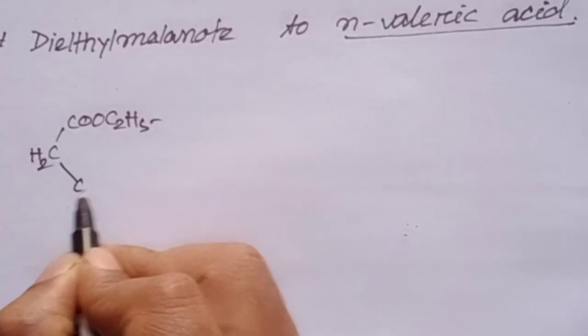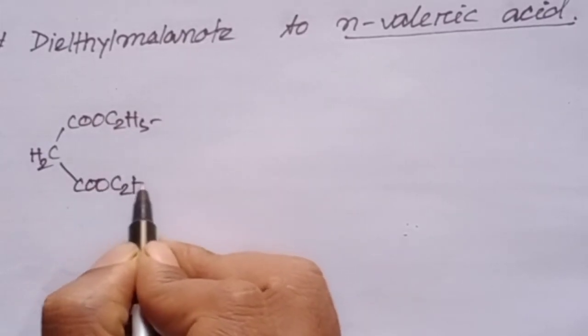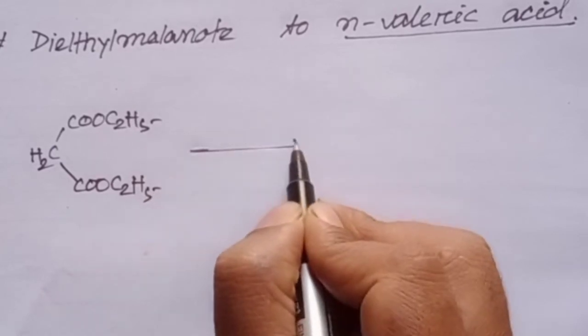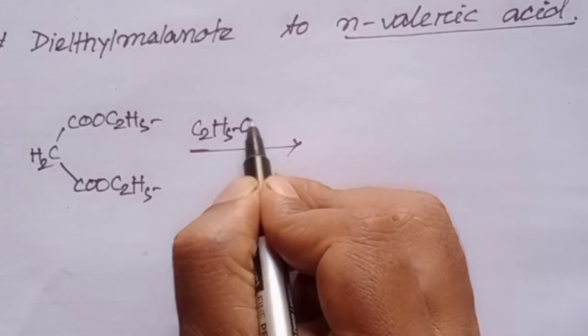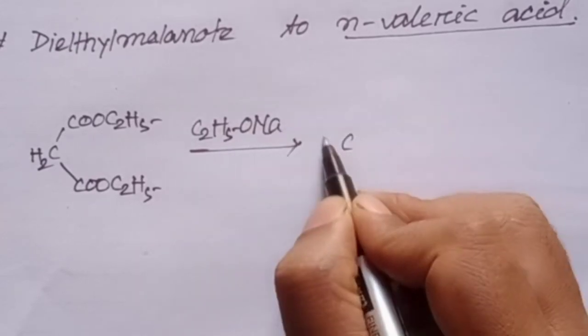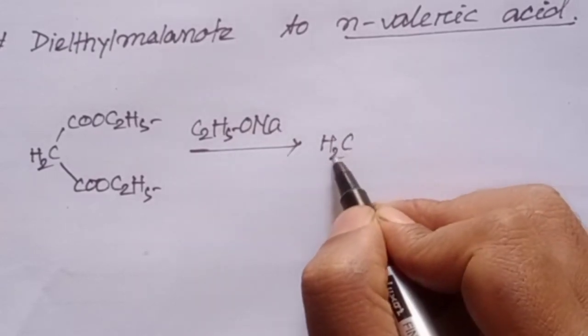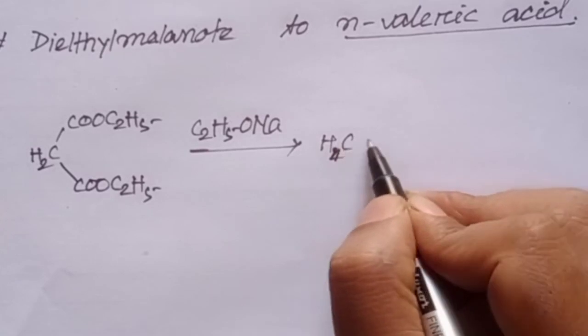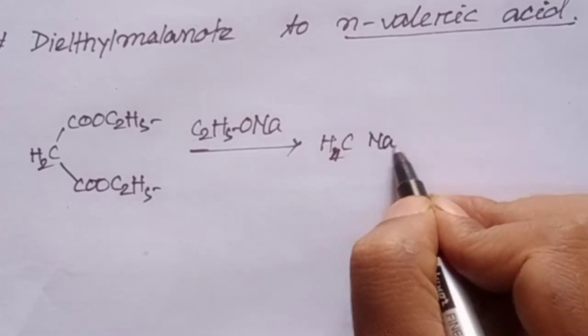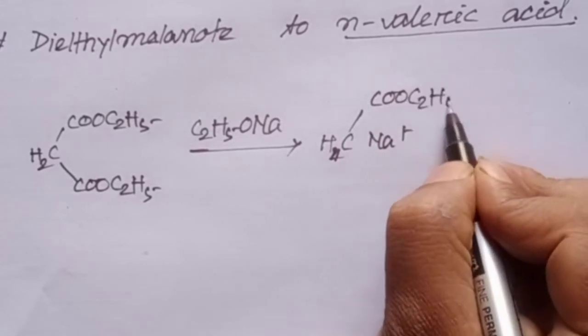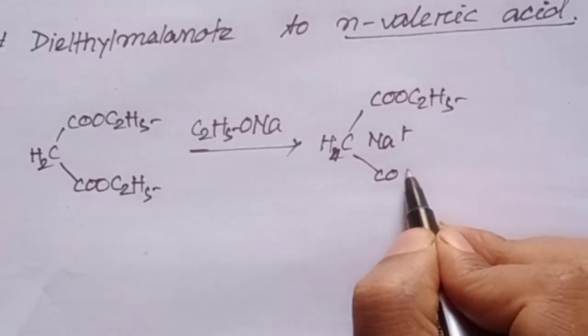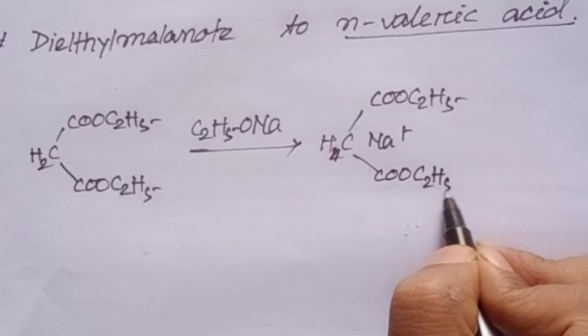COOC2H5, COOC2H5. Just like earlier, the sodium ethoxide, C2H5ONa. Compound will be CH, C in place of H, it will be converted to Na plus. And COOC2H5, everything will remain the same, COOC2H5.